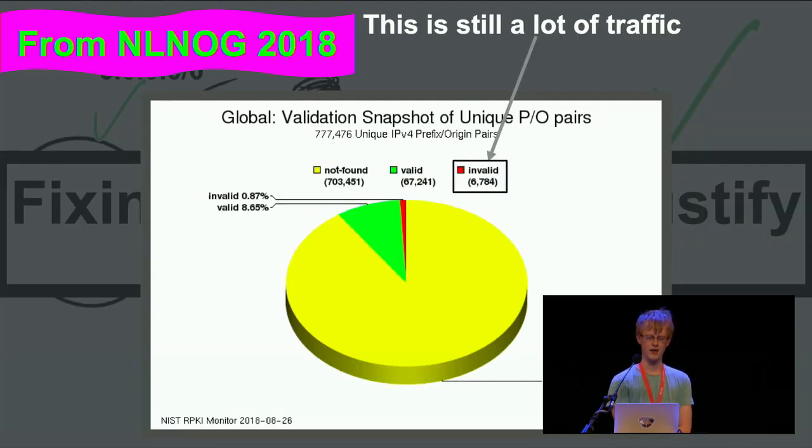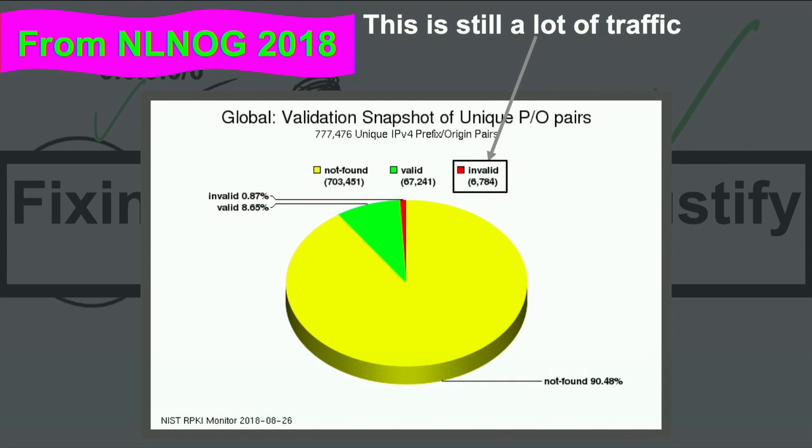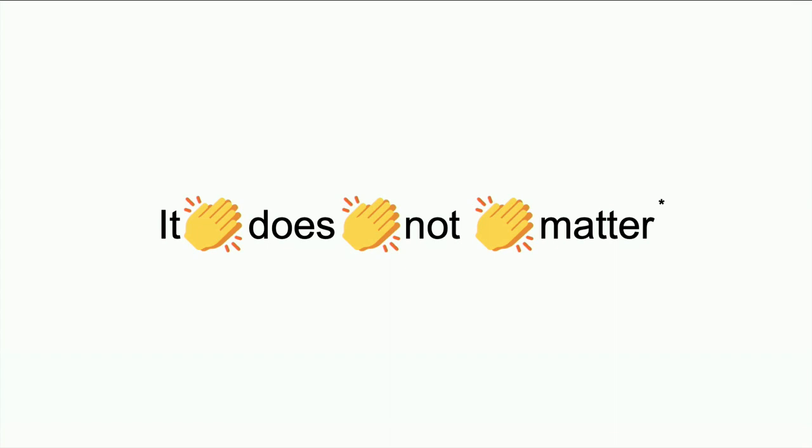So this is what the RPKI signing pie chart looked like last year. And I pointed out that the invalid section of that actually was pretty big. And depending on your situation, you might not want to potentially drop that much traffic or that many prefixes. This year, we actually have hard numbers to say that it does not matter.